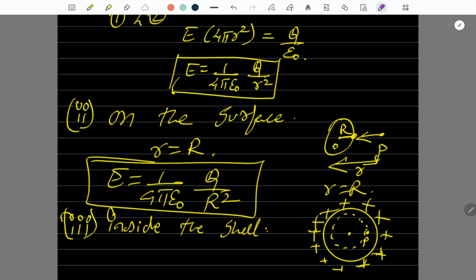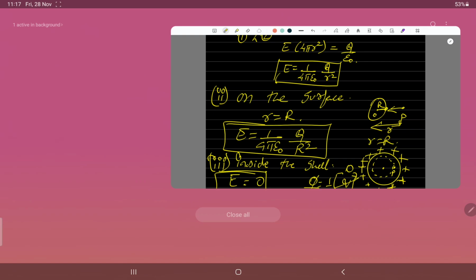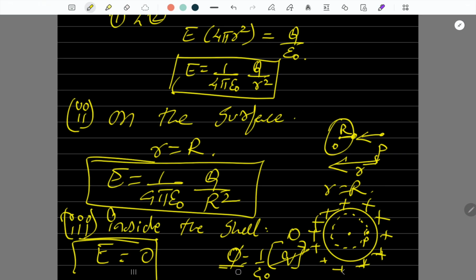So in the equation of Gauss law, flux is equal to 1 by epsilon naught times Q, the net charge part becomes 0, that's why flux becomes 0, and automatically we get electric field 0. So for the third case you don't have to write anything, just have to tell that inside the shell the electric field is 0.